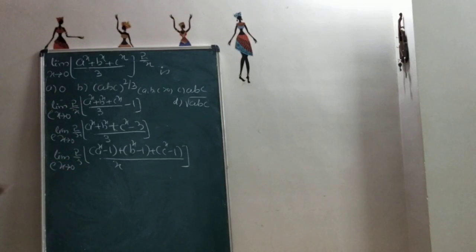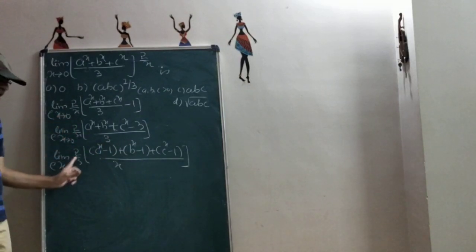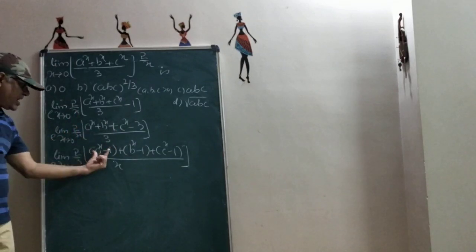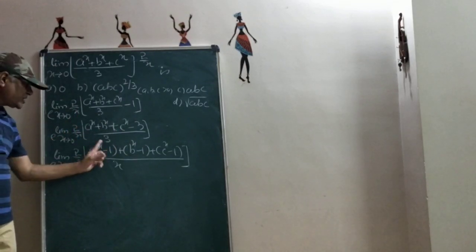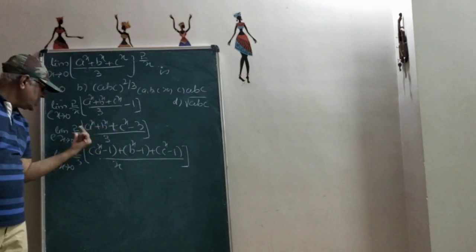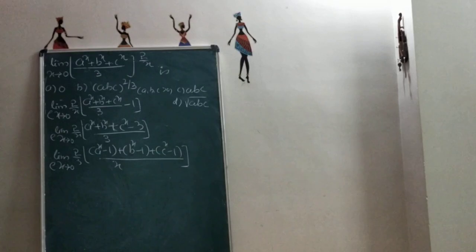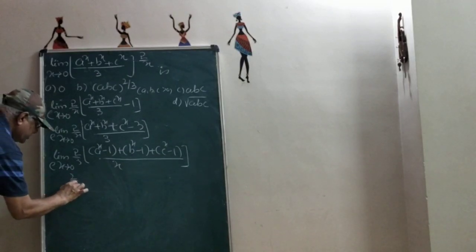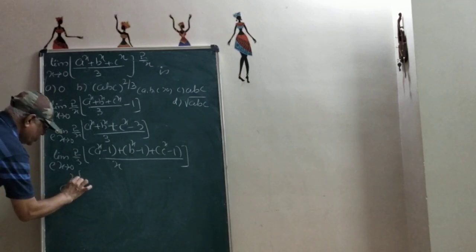Students, listen once again. This 2 and 3 constant I am taking outside, then minus 3 is here. I am splitting this minus 3 as a^x - 1, b^x - 1, c^x - 1, divided by x as x tends to 0. That's equal to e raised to this 2/3 constant into the bracket.